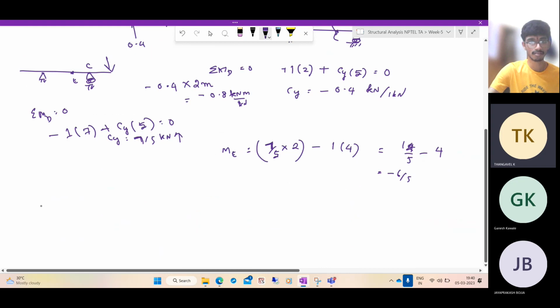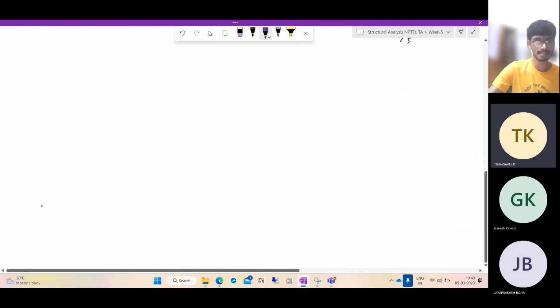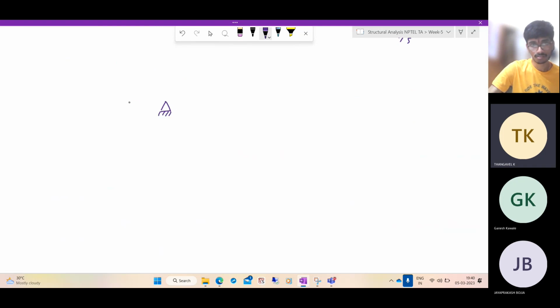So let me draw the influence line diagram and then the cases. Suppose, so the influence line diagram is something like this.